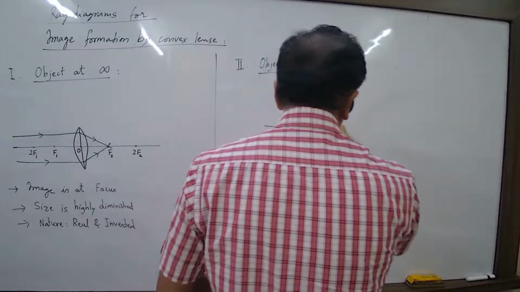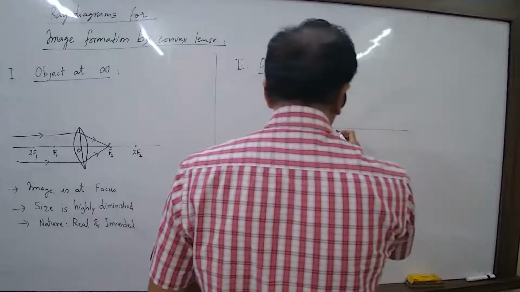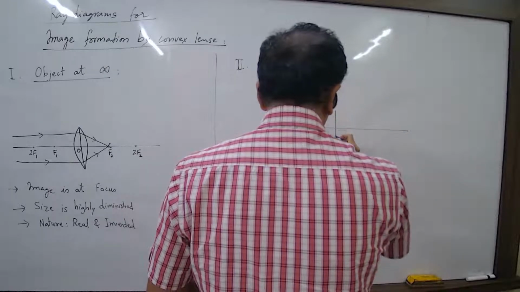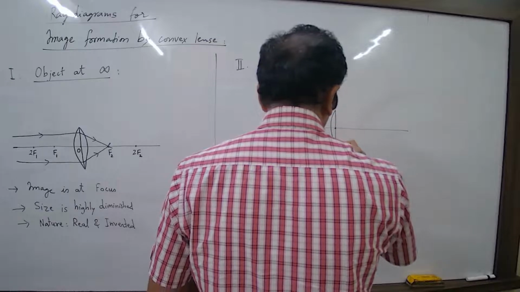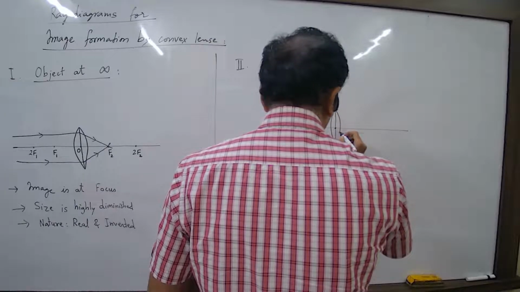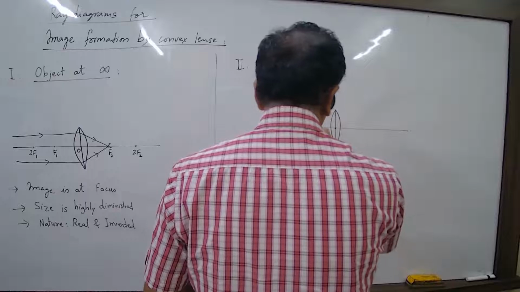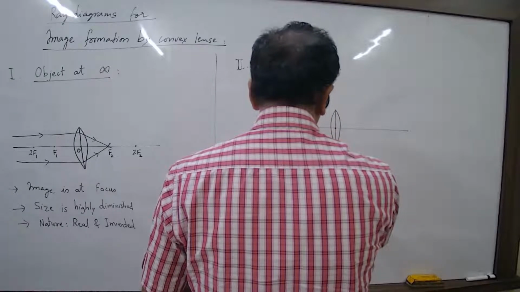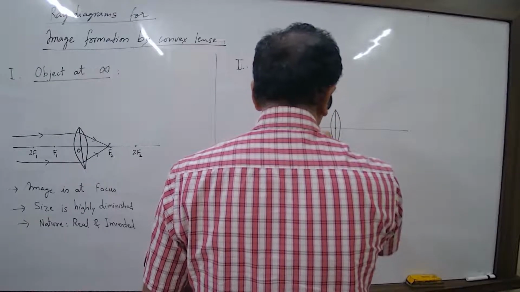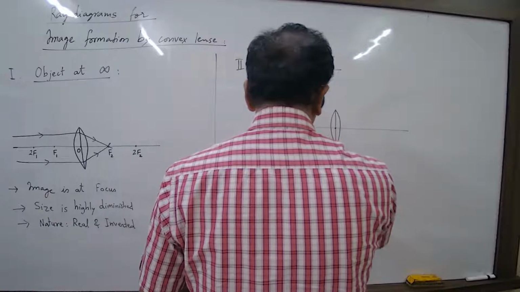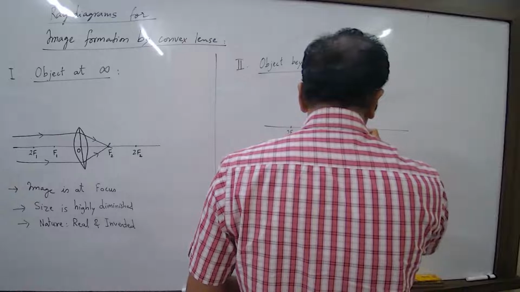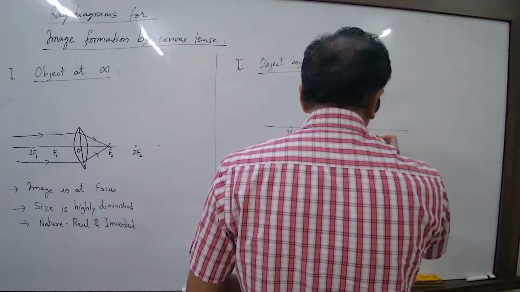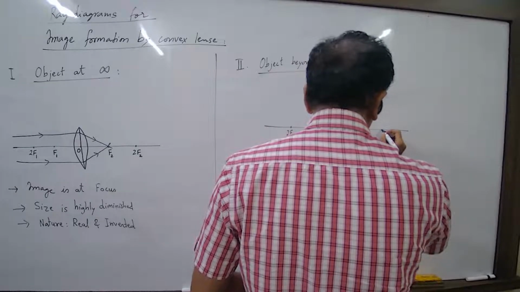So again, the horizontal line, the straight line, and the convex lens. Then first focus, first radius of curvature, second focus, second radius of curvature.